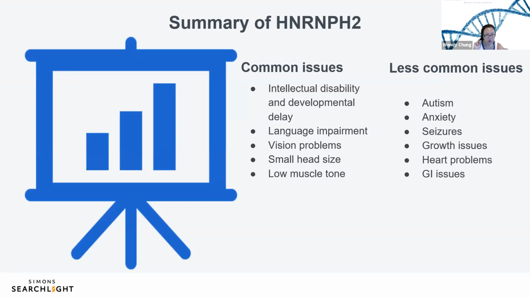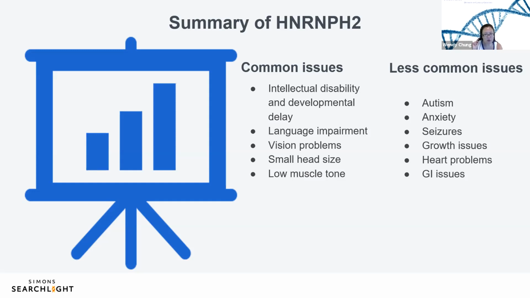So just as a summary, and I'll conclude here, the most common issues that we see are things that have to do with development and brain function. But I hope I've given you some things specifically to do, if you're not already doing them, to take care of your child: making sure that we're taking care of vision issues, making sure that we are checking for seizures if there's any suggestion that there might be seizures, checking for scoliosis, and therapies are definitely helpful.